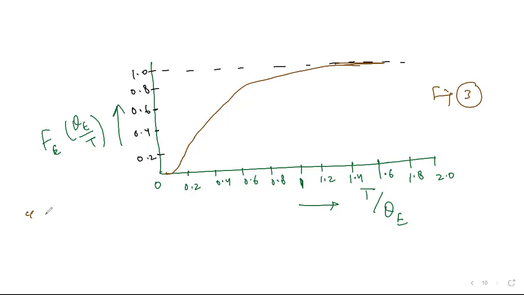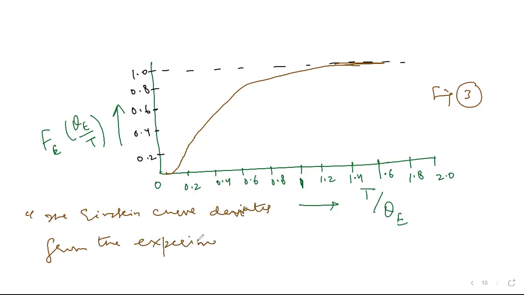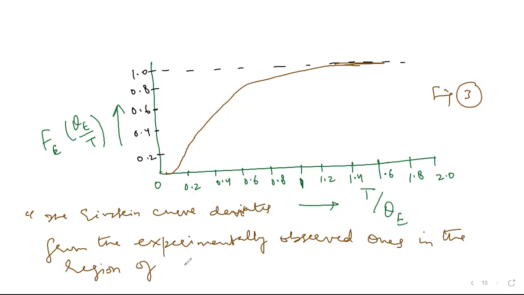What is the problem? The Einstein curve deviates from the experimentally observed ones in the region of low temperatures. Let me write it. This is important. The Einstein curve deviates from the experimentally observed ones in the region of low temperatures.